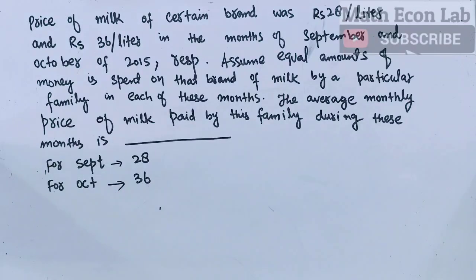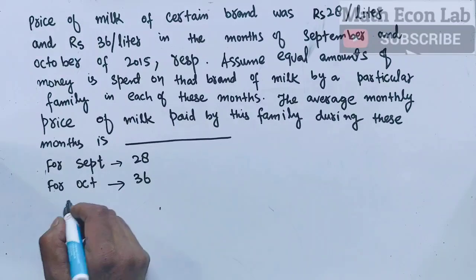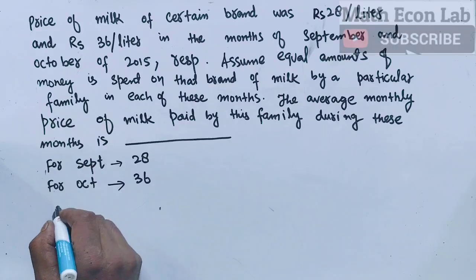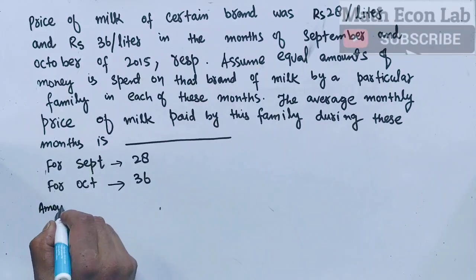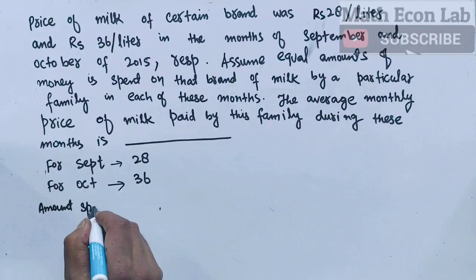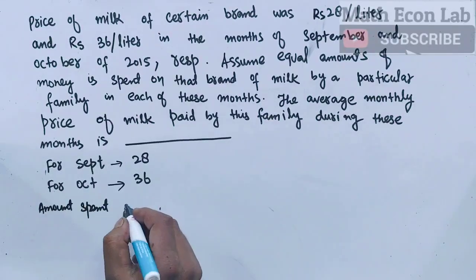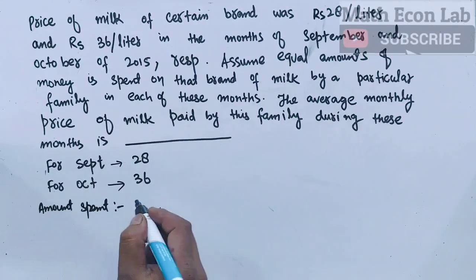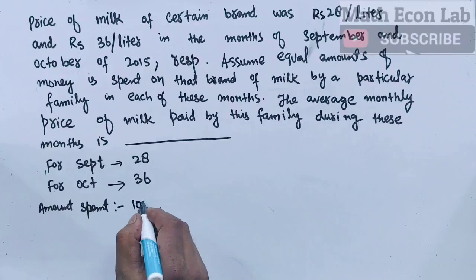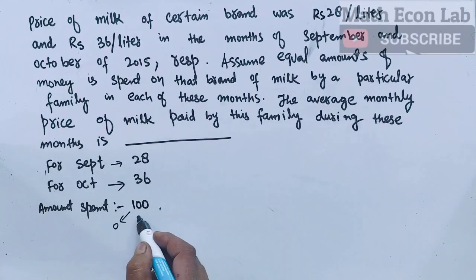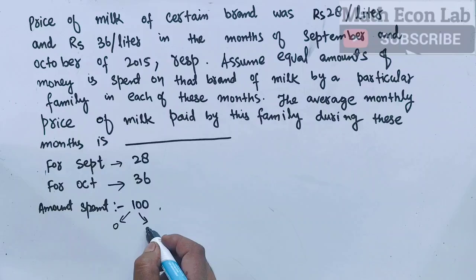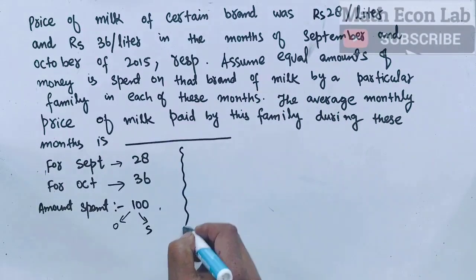Let us take any arbitrary number. Let us suppose the amount spent each month is 100. That means 100 for October and 100 for September.